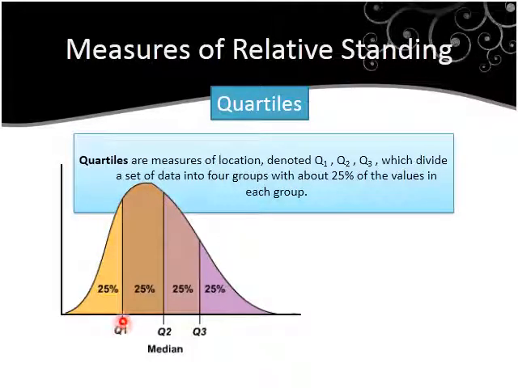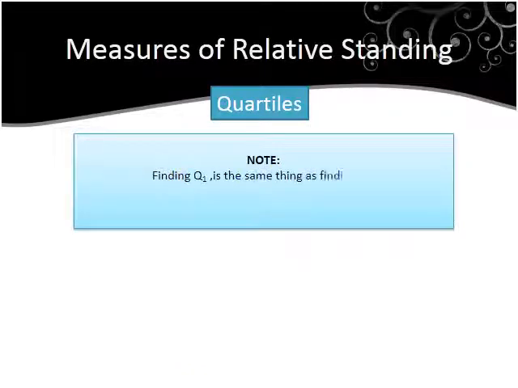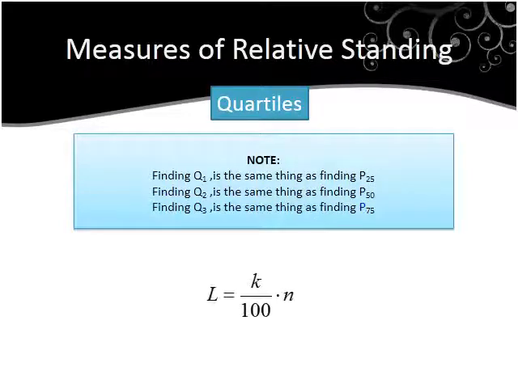So your first quartile will have 25% to the left and 75% of your data to the right. Your second quartile will have about 50% of the data to the left and 50% to the right. And your third quartile will have about 75% of the data to the left and 25% of the data to the right.